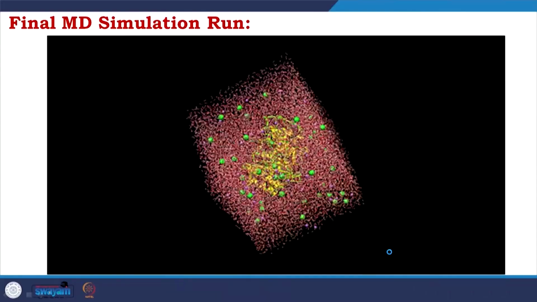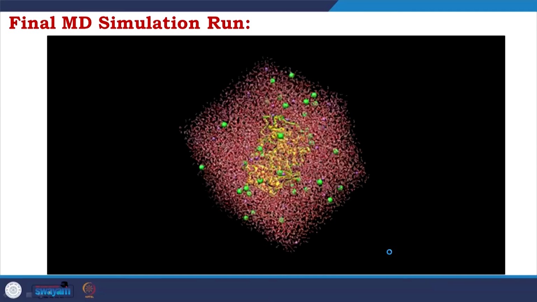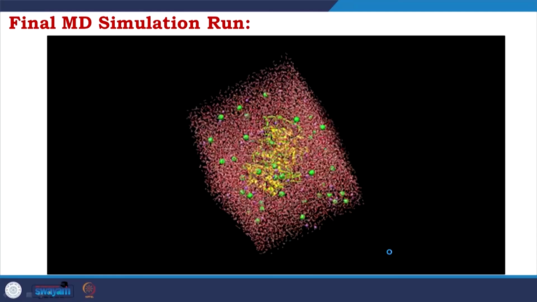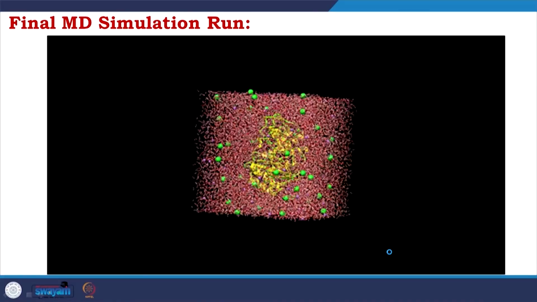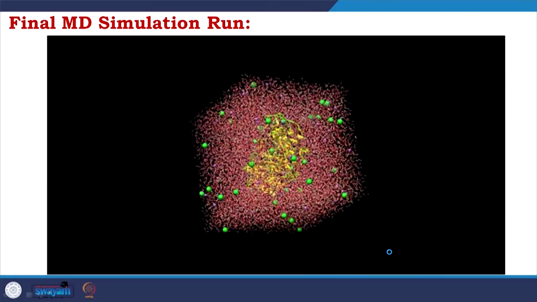So we have run the MD now. What is the result now? You will see that it is dynamic. It has run, so you will see different conformers of the sample. That is the end product of an MD simulation run. Now, from there we will go on to analyze the system, as I talked about.